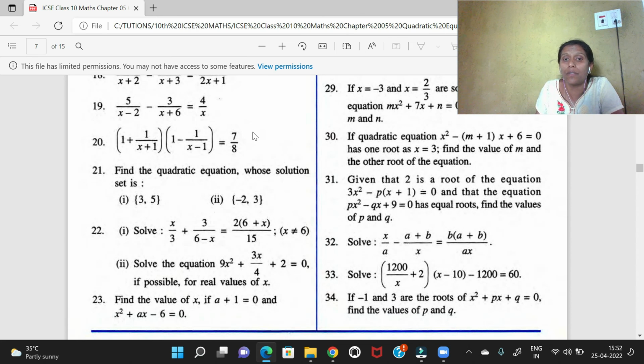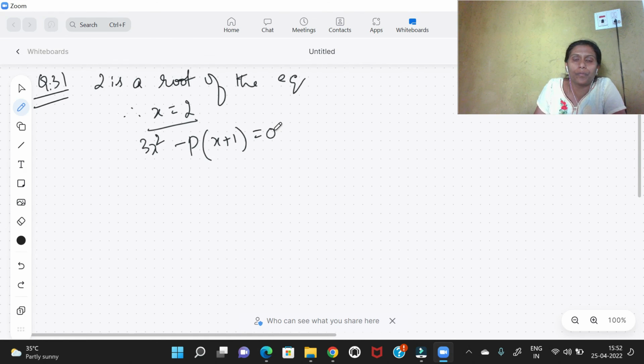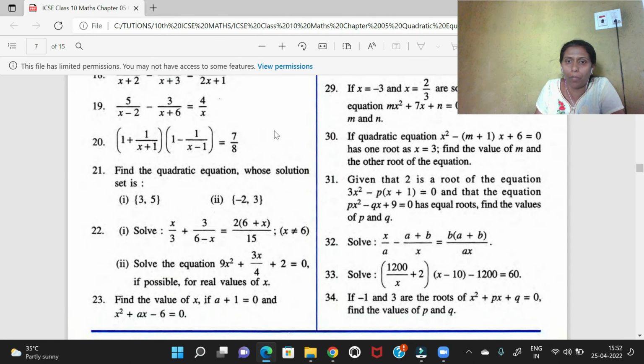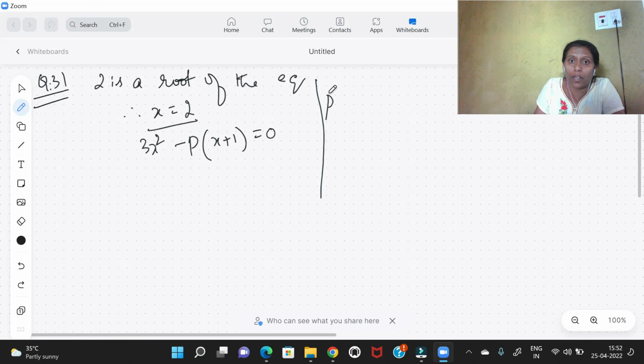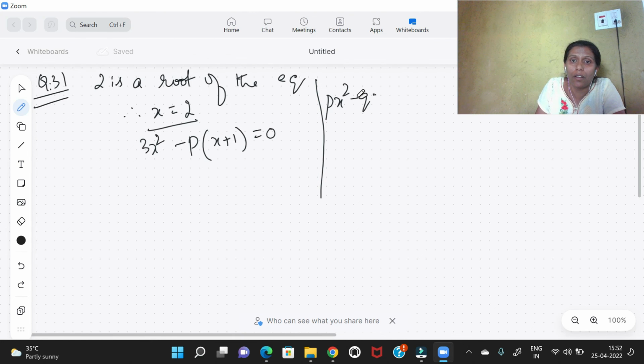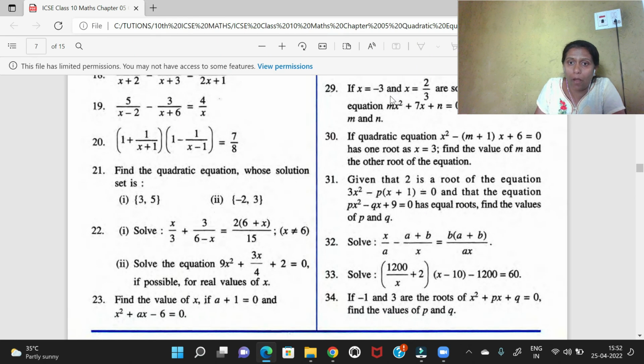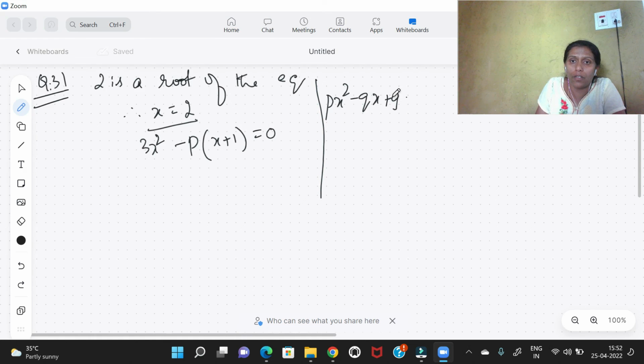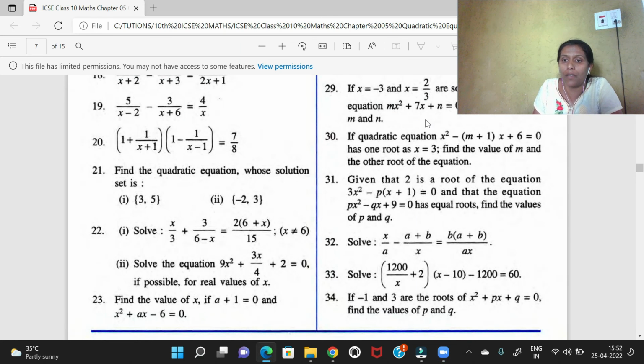Find the values of p and q. Okay, so write down the question properly. I am not going to waste time typing the question or making you write it here on my video. It is equal to 0. They have equal roots, and find the values of p and q.